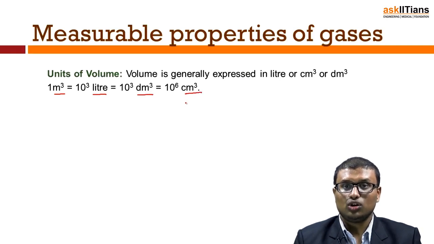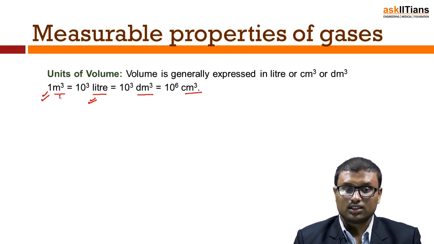That means volume is measured in different units. Are all the units important? Yes, because meter cube is the SI unit, but liter is also a very important and widely used unit of volume.